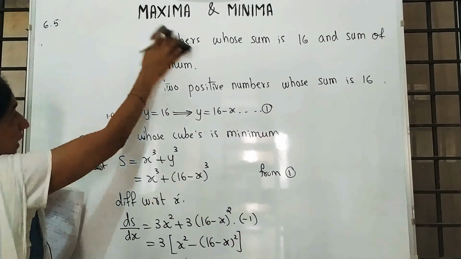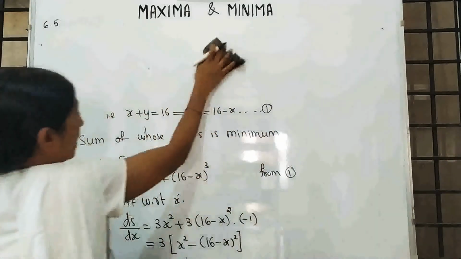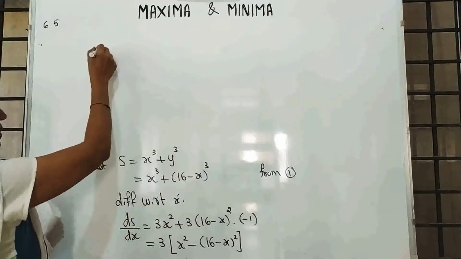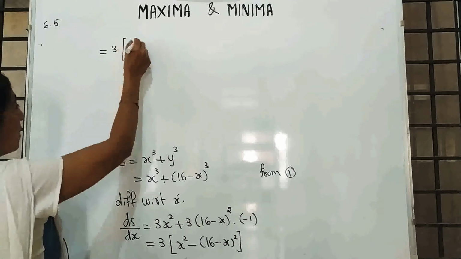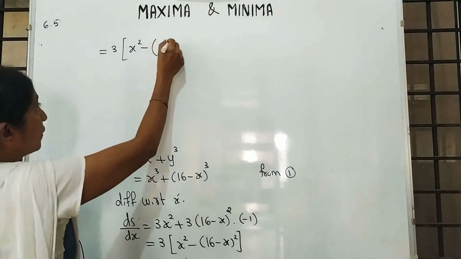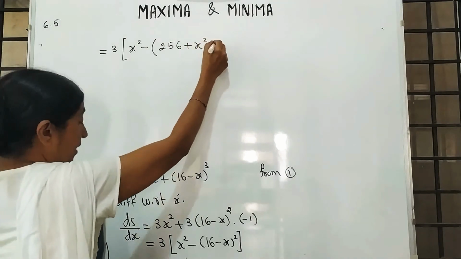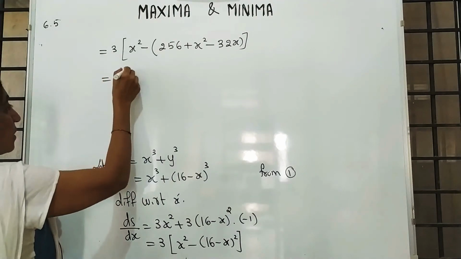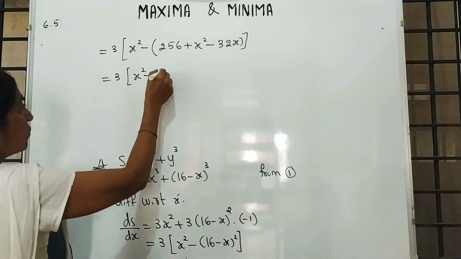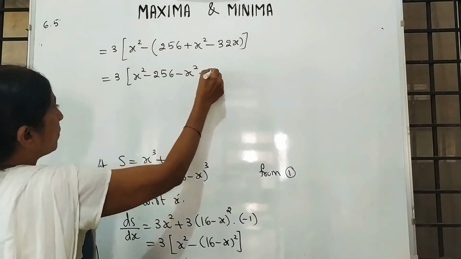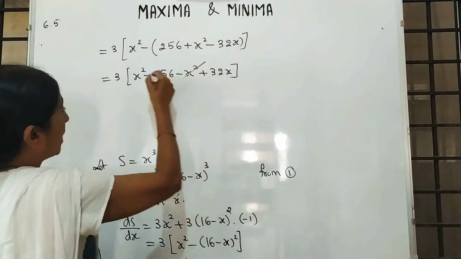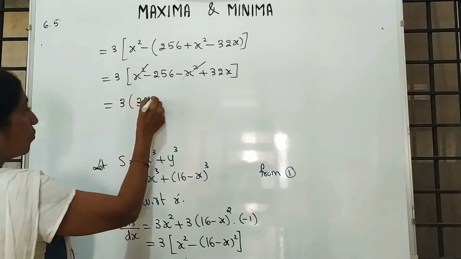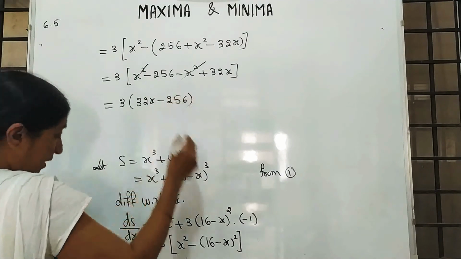First I will apply a minus b whole square. 3 as it is in the bracket, x square, 16 square is 256 plus x square minus 32x. Remove the bracket: 3 as it is, x square minus 256 minus x square plus 32x. Minus x square plus x square cancels. 3 in the bracket, 32x minus 256.